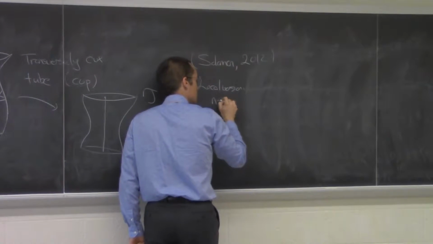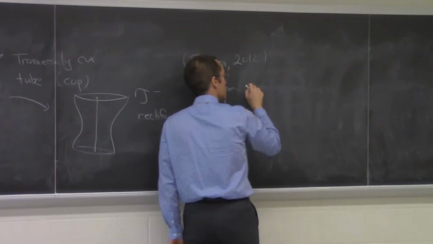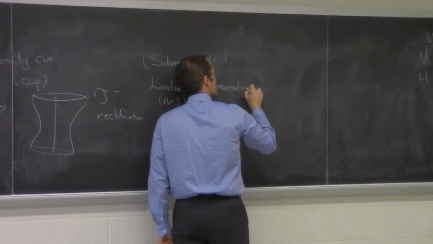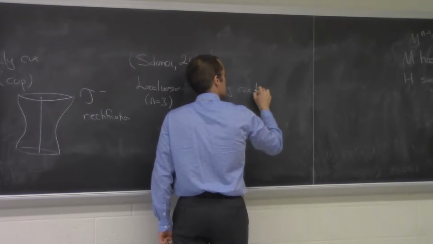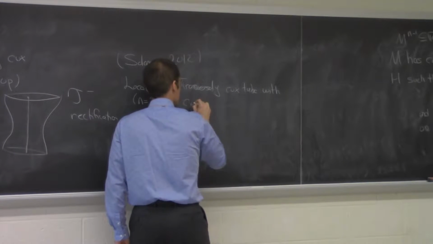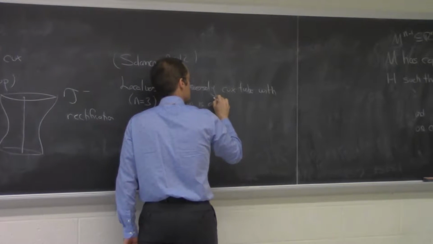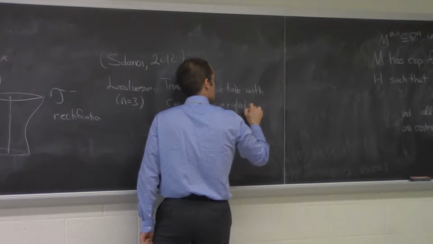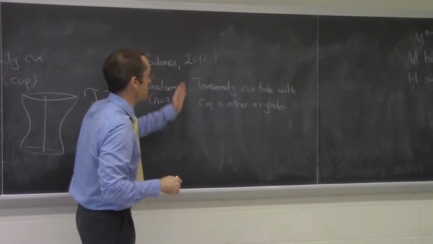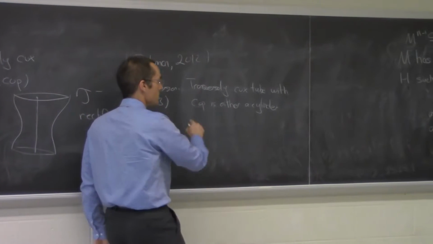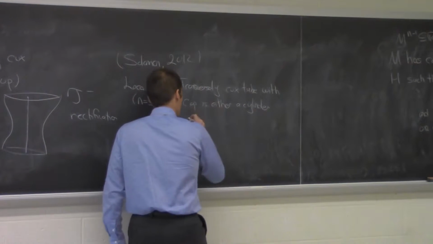So this is n equals 3: a transverse convex tube with COP is either a cylinder, so since it's a transverse convex tube, cylinder means a cylinder over a central ovaloid, or a quadric.